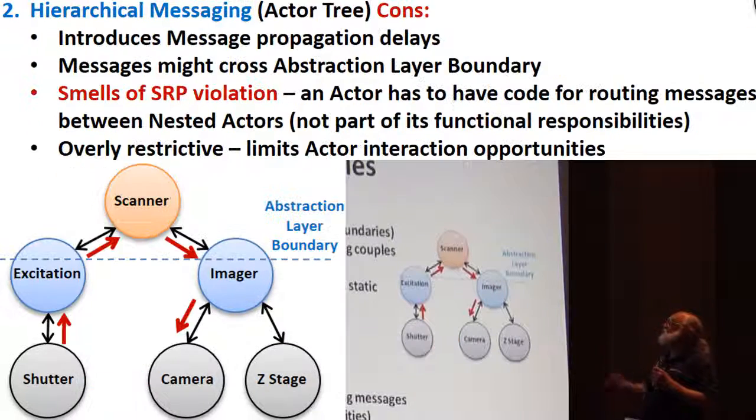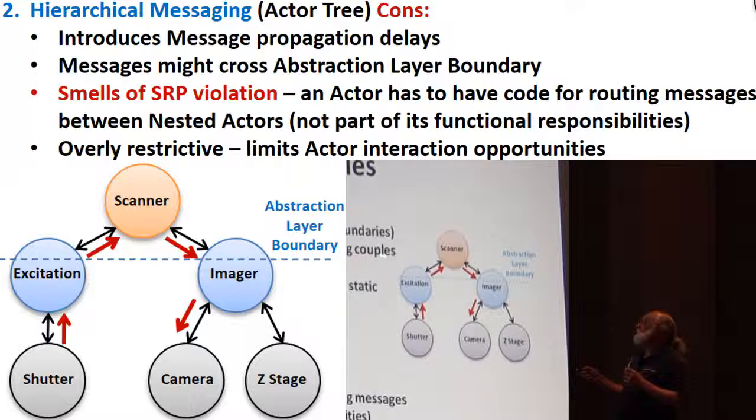The second method is hierarchical messaging. The shutter message goes all the way from the scanner into the camera, and everything is hunky-dory, except that you add propagation delays to the messages, which may or may not be important, because Alan says that they are minimal.